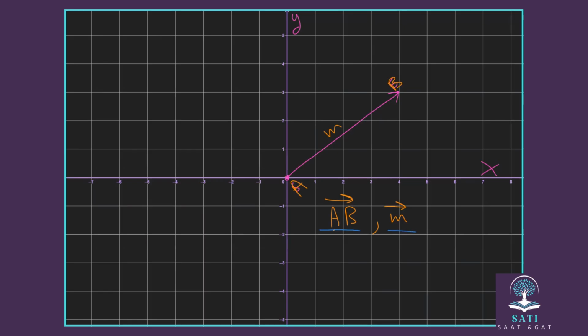Also, you can express this vector by its direction on the coordinates. You make this type of container, then you put a comma and write its x component. This vector moved how many units in x?